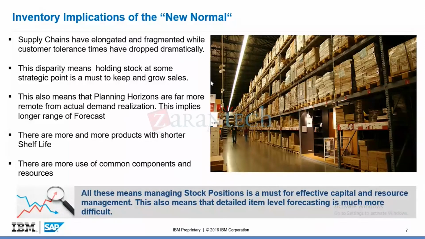That means to improve customer tolerance, we have to hold stocks at some strategic point. Now it has become a must. Strategic means what? We have to identify materials which have long lead times and keep strategic inventory for these materials.